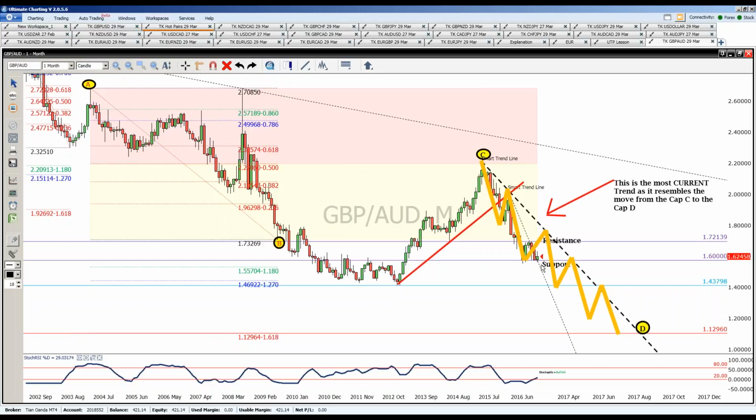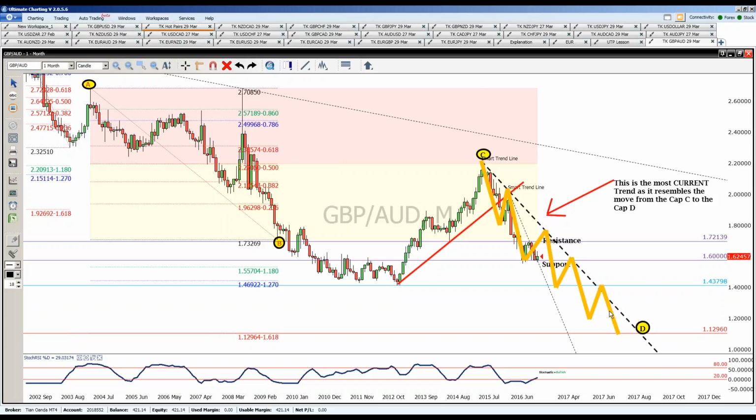But what I'd like to make mention of, which is very important on this monthly chart, is that due to the fact that it's been taking 14 years for this ABCD, it may take another 14 years for the market to move from the C to the D. So it's just too large for us to use this as a context for looking at a trade on a daily and a 2-hour chart. Therefore, I want to focus on the most current trend from the C to the D.